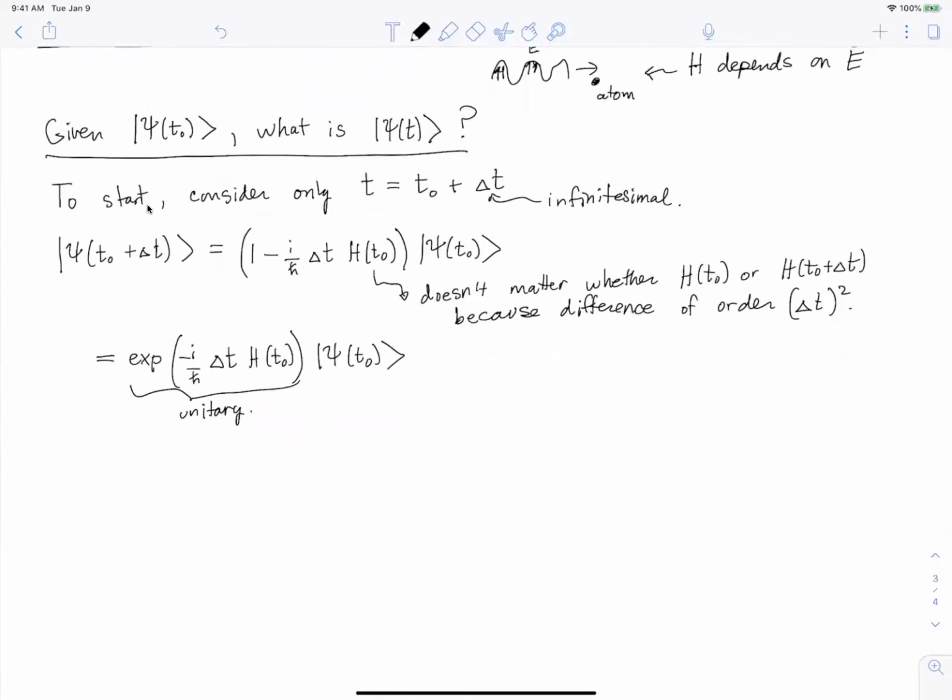Okay. Now, having done that, we've gone from time t0 to t0 plus delta t. Let's advance forward in time by another delta t. So now go to time t0 plus 2 delta t, and we do that by just repeating what we just did.